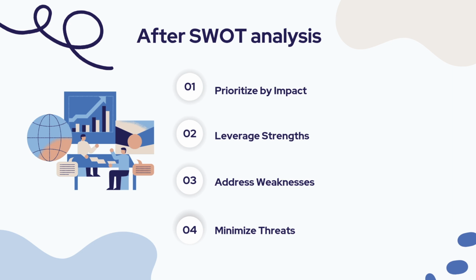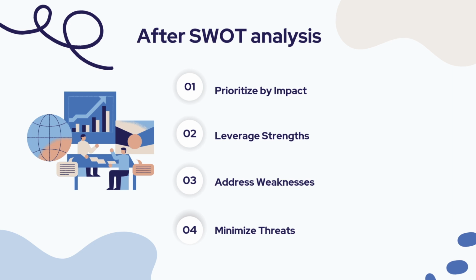So you have to focus on the most significant strengths, weaknesses, opportunities, and threats first. Then the second one is leverage strengths. It is to identify ways to use your strengths to capitalize on opportunities and mitigate weaknesses.